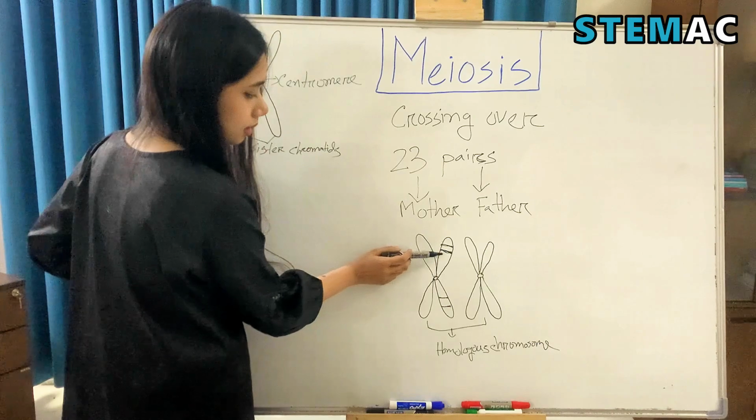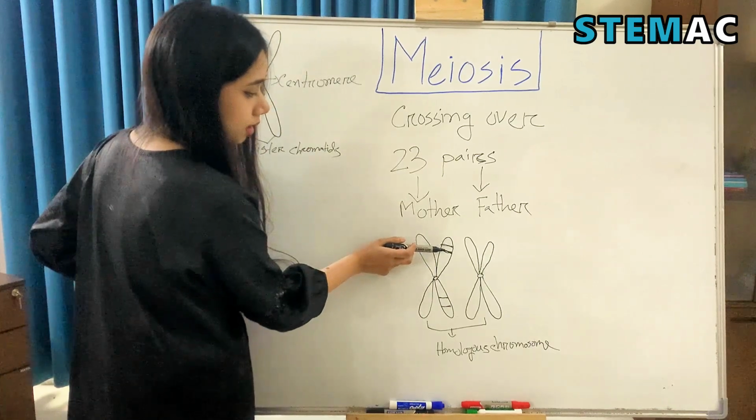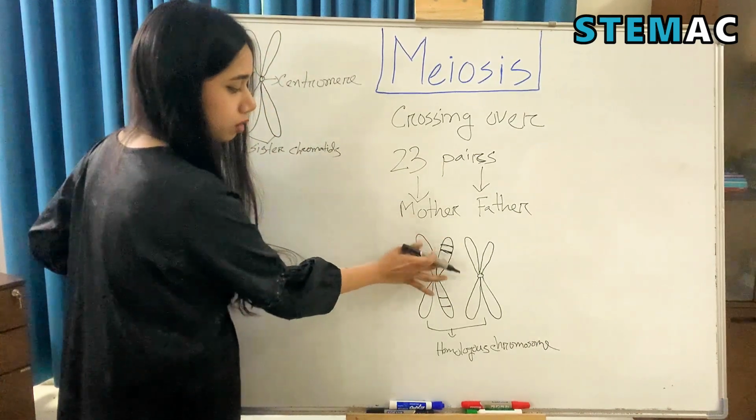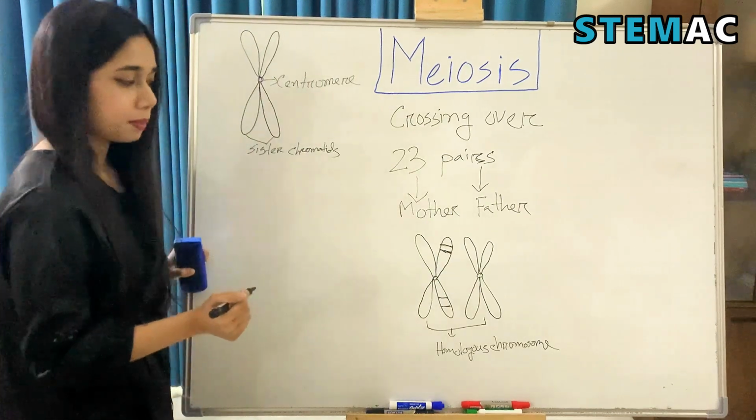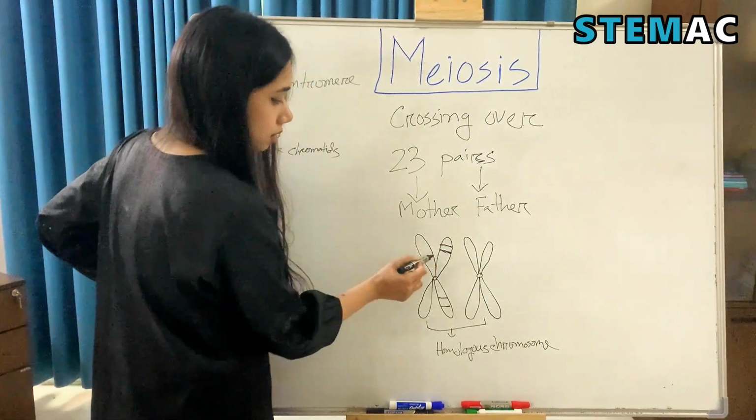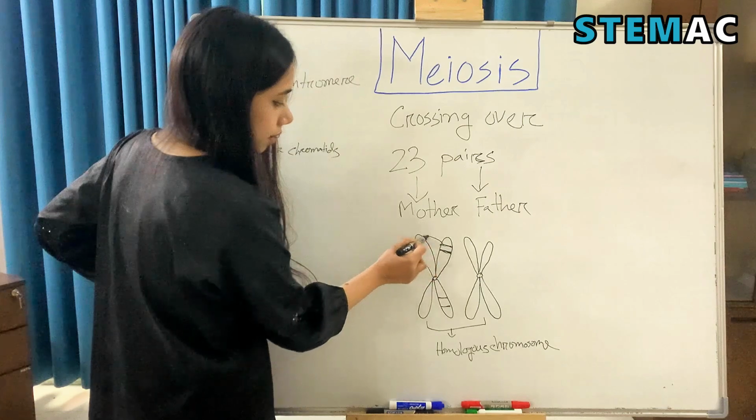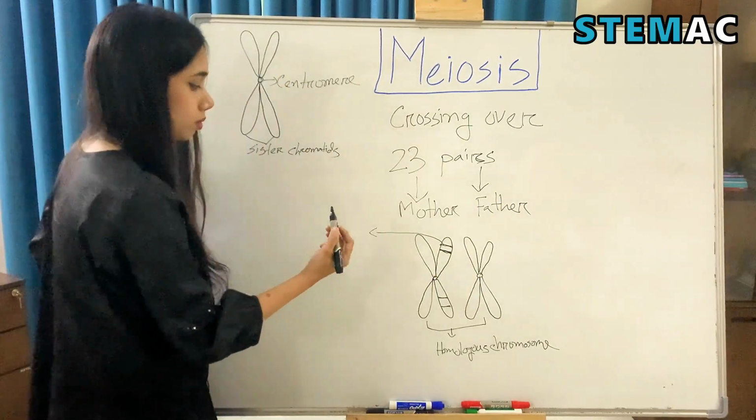We can see that these genes are present in specific locations within this chromosome. These locations are called loci, or locus in singular form.